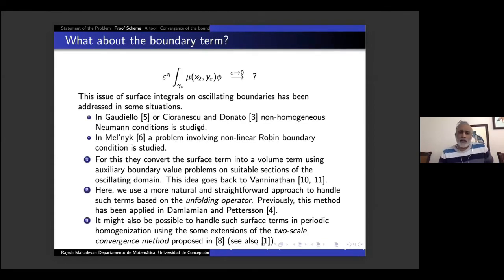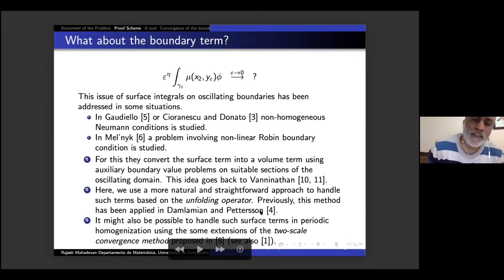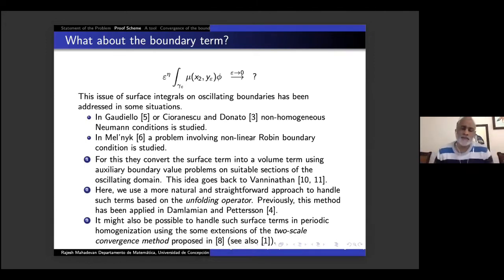In this work, on the other hand, we use the unfolding operator to convert the surface integral into a domain integral, which then allows us to pass to the limit. So it's, I think, much more straightforward. Such an idea has also been used previously by Damlamian and Petersson. The references are at the end of the slides, so you can have a look at them.